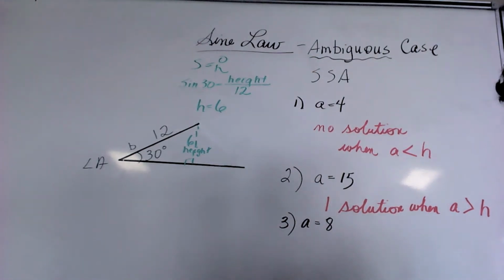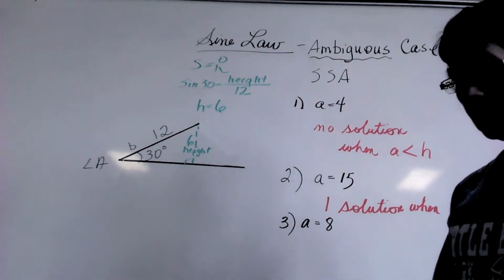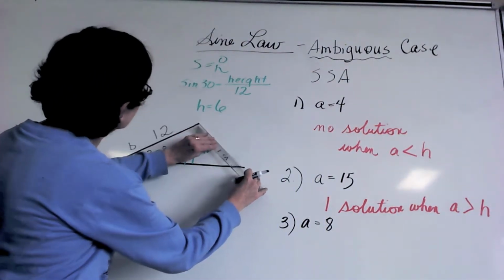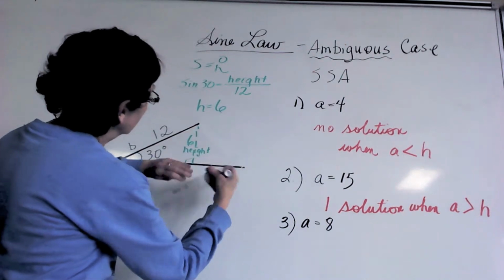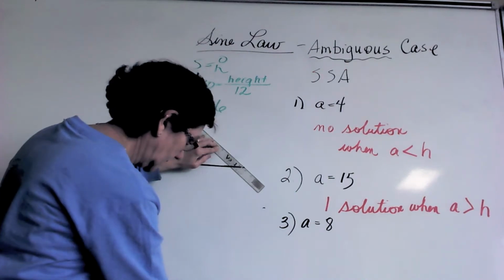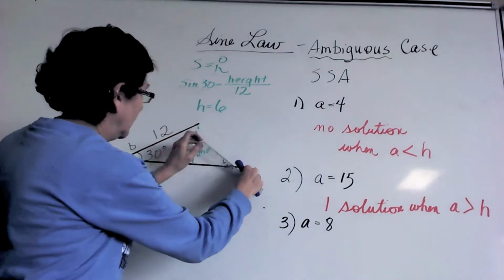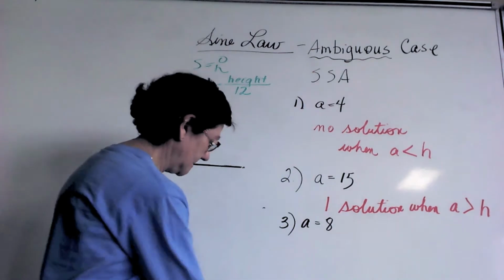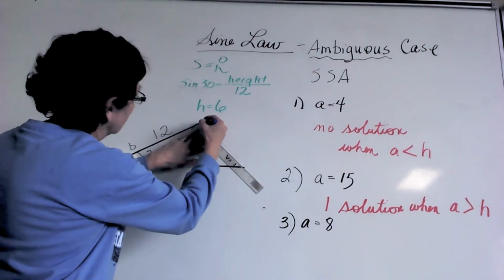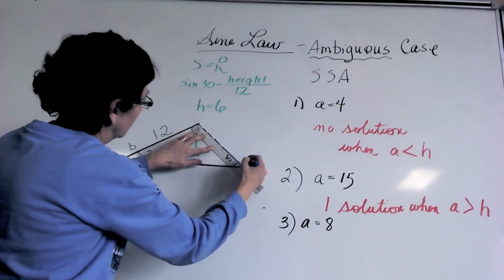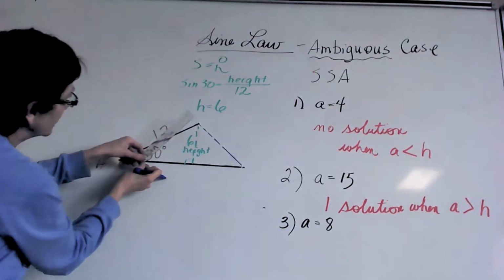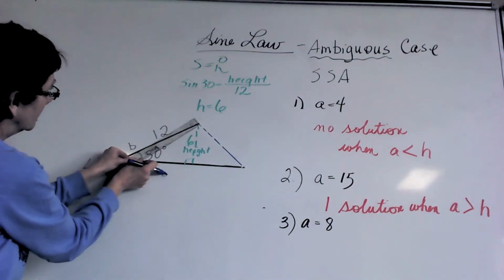And here something really interesting occurs. If I take this measure here and draw it in a different color, I'm going to pick blue this time, that is also another triangle.